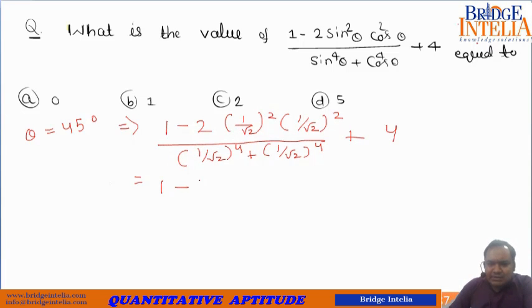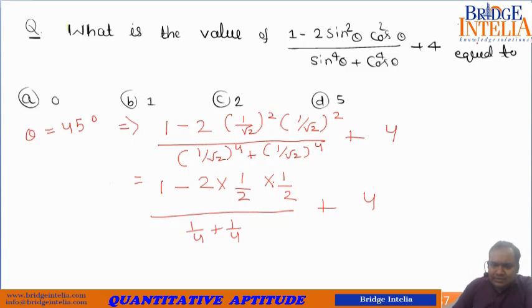So this becomes 1 minus 2 into root 2 whole square becomes what? Half. This also becomes half divided by 1 by 4 plus 1 by 4, and then this 4 is there all separate. So this is nothing but half by half plus 4, that is 1 plus 4 equal to 5.